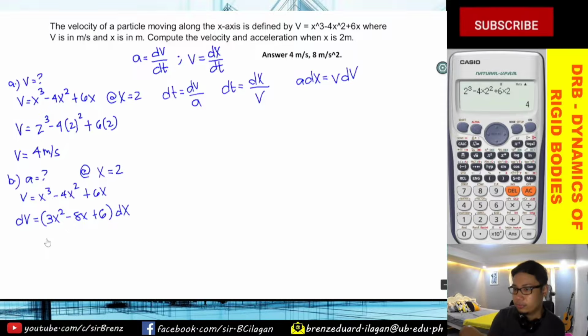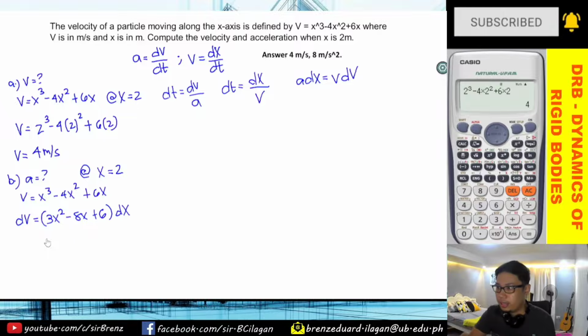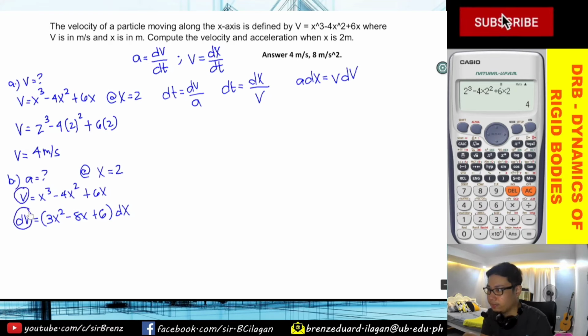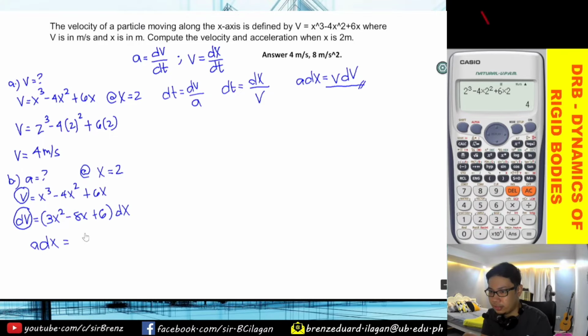Ito, try natin. So, di ba ito yung ating equation for velocity, and ito yung dv. And so, ito na siya. Di ba? So, kung a dx yan, is equals to v dv. So, ito, copy ko lang.